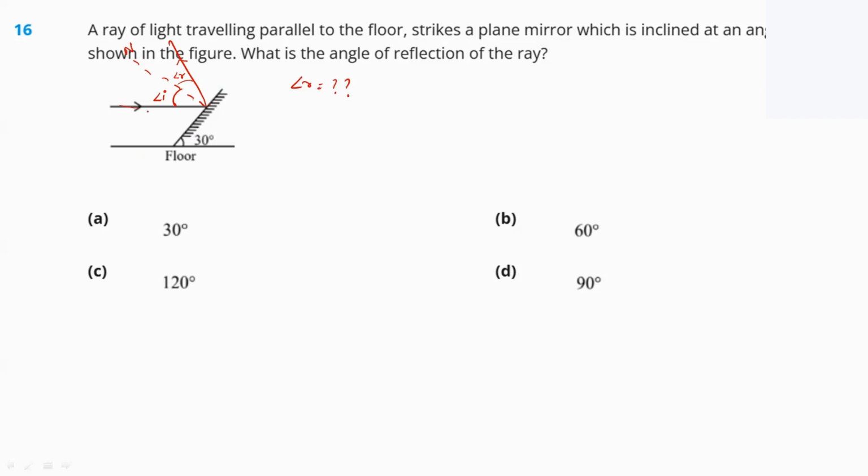If you notice this diagram, you will see that these two are parallel lines and this is an intersecting line. So this angle is equal to this angle, which is 30 degrees. Now, from here till here, this gives us 90 degrees.